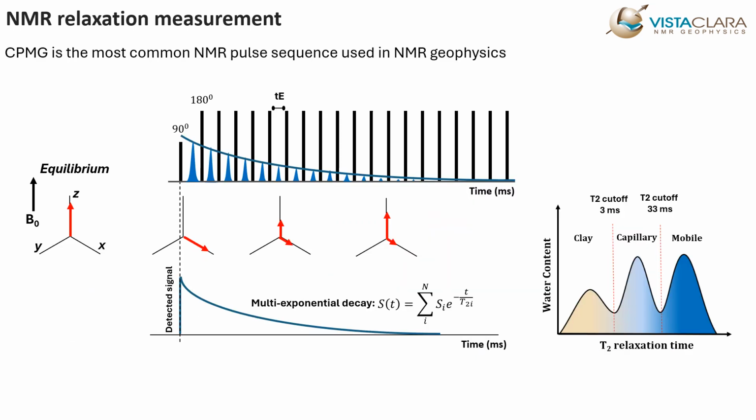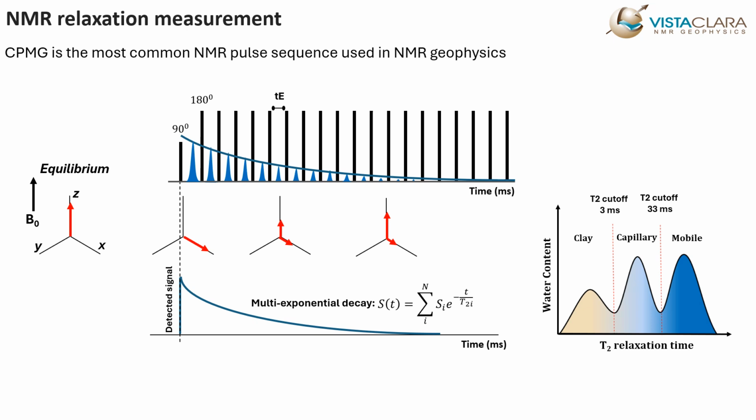The most common sequence used to measure the water signal in the formation by NMR is called CPMG, and this is just a set of radio frequency pulses that we apply in order to measure our NMR signal. The first pulse is the excitation pulse, a 90 degree pulse that we apply to excite the hydrogens from their equilibrium state, which is parallel to the magnetic field.